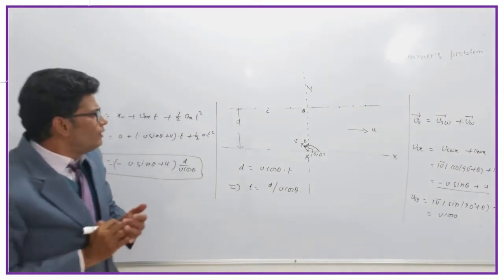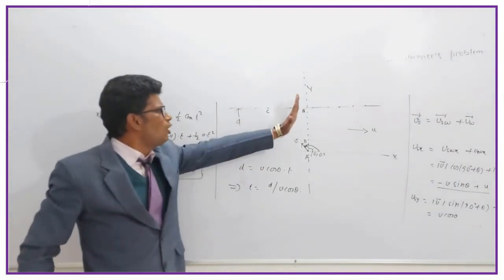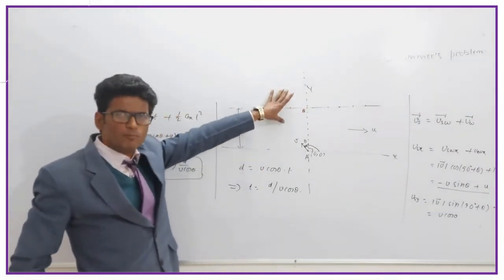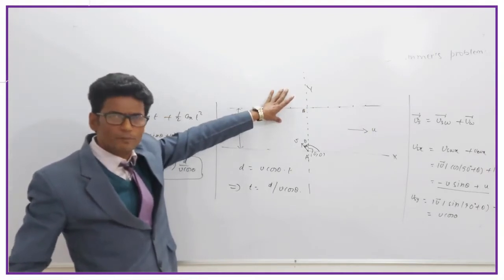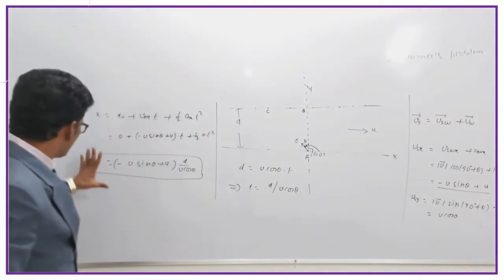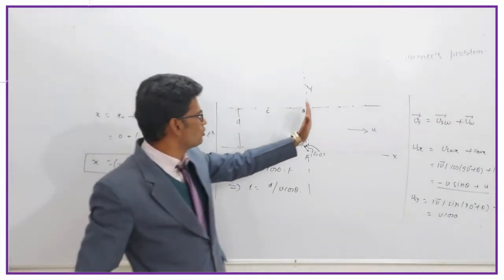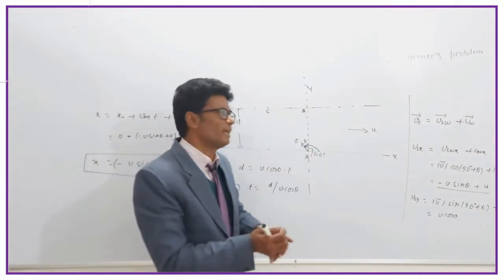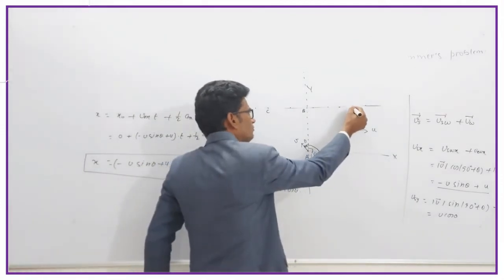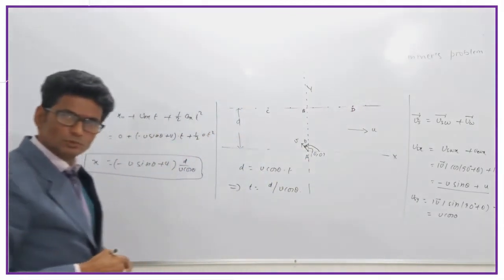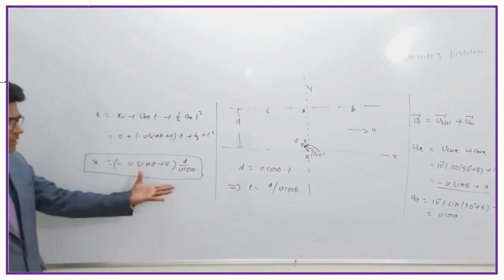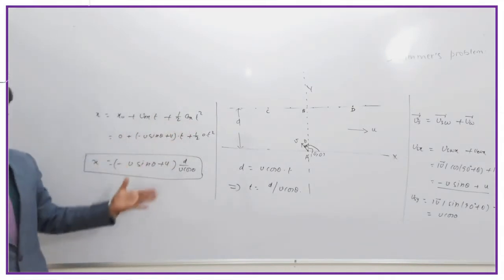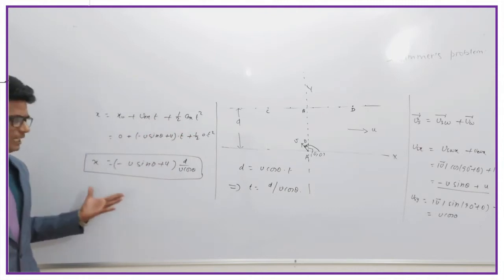However, if we are interested to find how much away from the y-axis, then take its mod, because distance will never be negative. So if x comes out to be positive, it means the swimmer lands somewhere on the right, say somewhere at D. Look at here. So this is the advantage of dealing with the x and y coordinates.